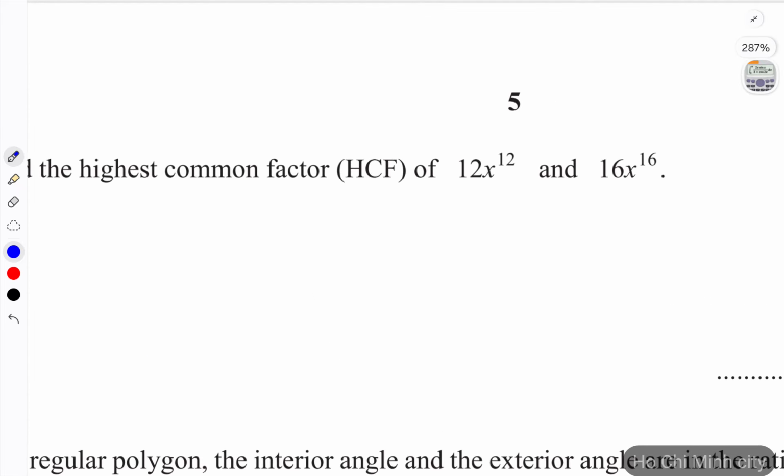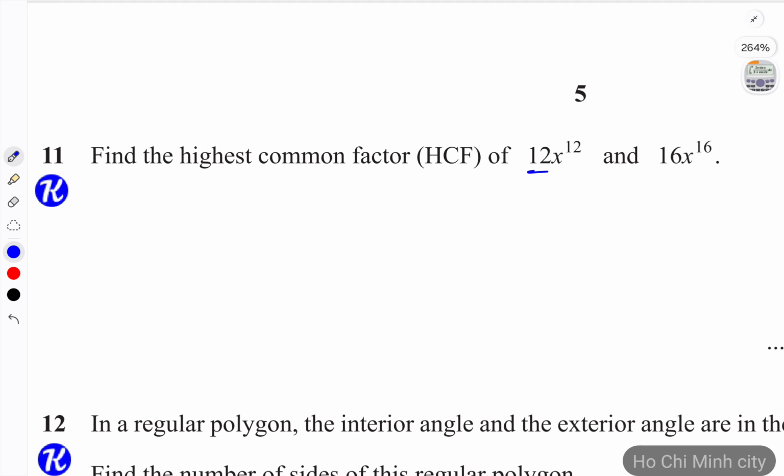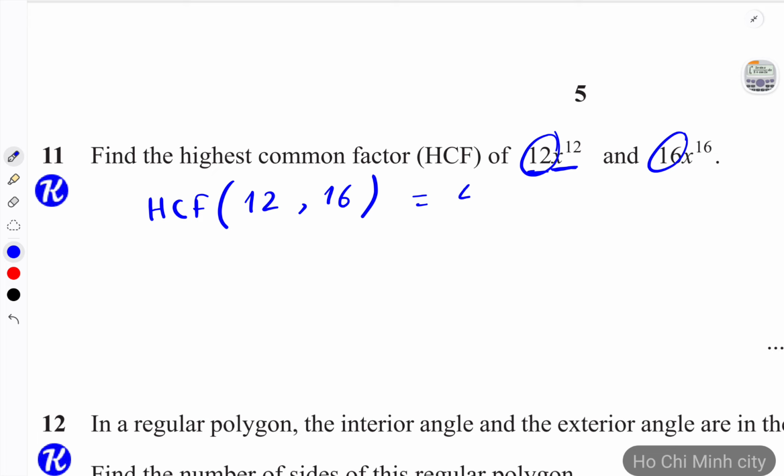All right. Find the highest common factor of this one and this one. Because we are dealing with coefficients and variables, first of all, we need to find out the highest common factor of these two coefficients. So there is 12, 16. And the highest common factor would be number 4. And next we will find out the highest common factor of x to the power 12 and x to the power 16.